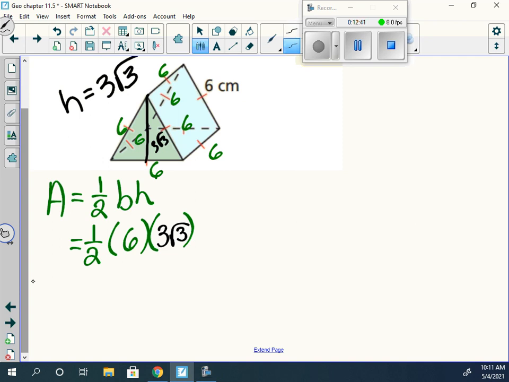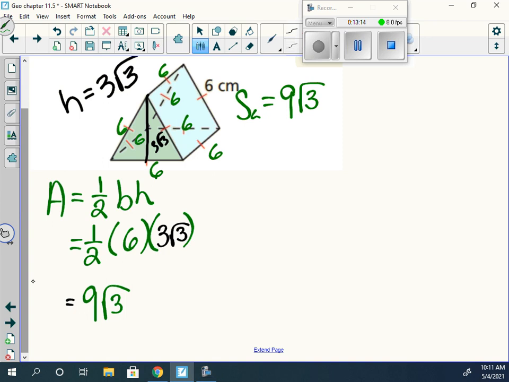So we can do 1/2 times 6 times 3 square root of 3, and see that this here is 9 square root of 3. Any questions on how we got the area for the triangle?